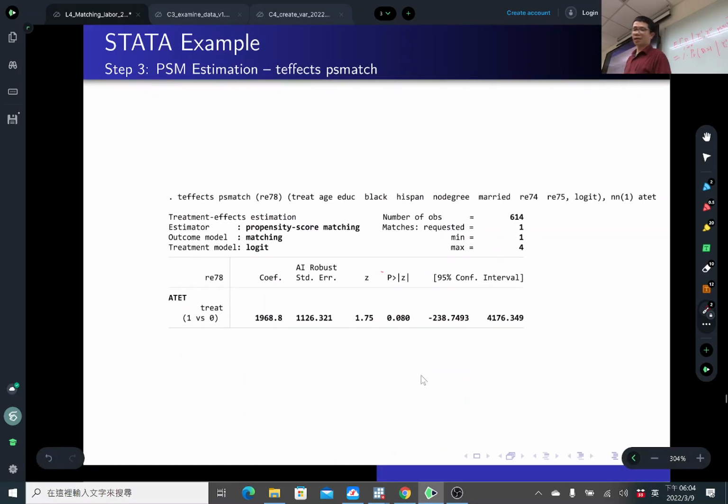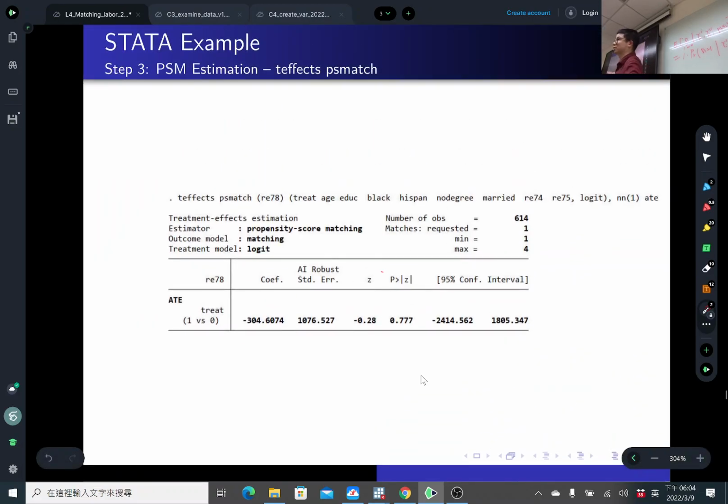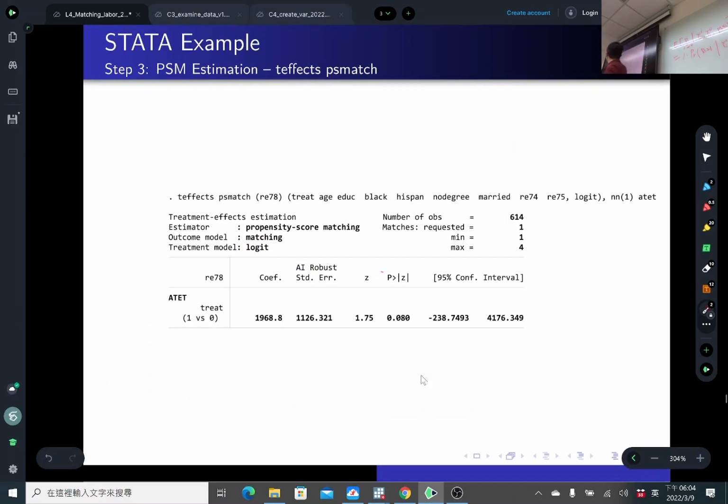Okay. But their ATT, the average treatment effect on treatment group, is different. They find the job training program actually can raise the earning for those who join the job training program. Okay. So for whole population, no effect. But for the treatment group, have some impact. So that's quite useful.